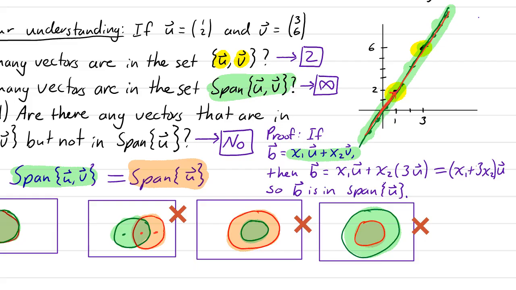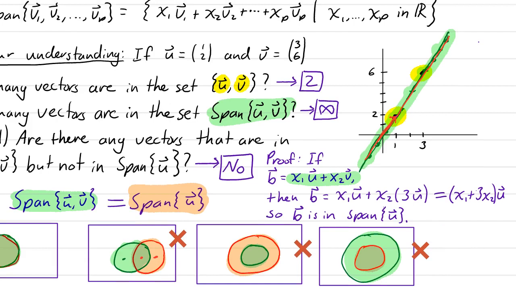The trick is that the vector v is equal to 3u. So in this expression, we can just replace the v with 3u, because 3 times 1 is 3, 3 times 2 is 6, and you can also see they're in the same line.